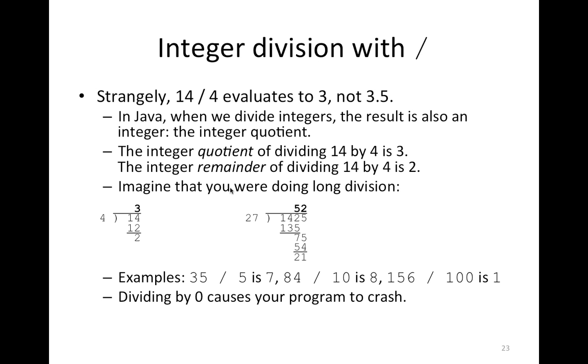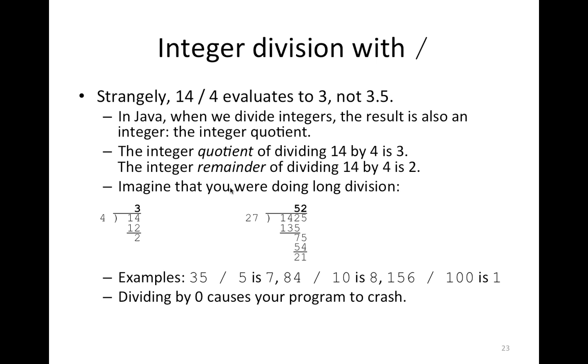Division. 14 divided by 4 evaluates to 3, not 3.5. Why? That's because you are dividing by an integer. When you divide by an integer, it thinks you are expecting an integer to be returned.